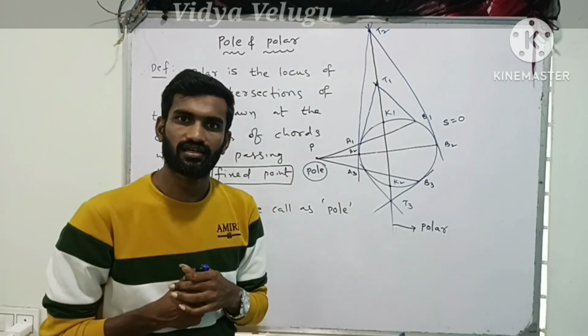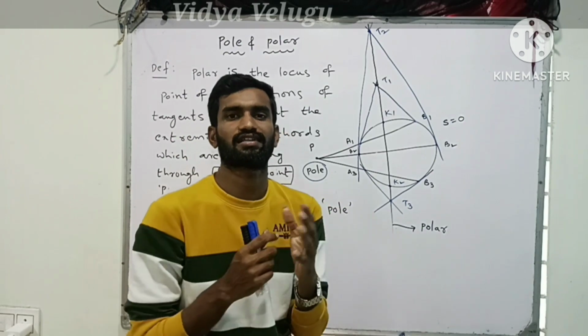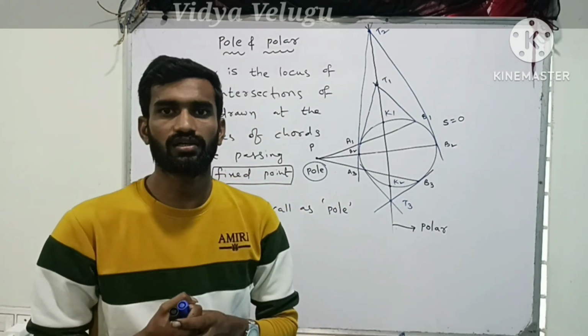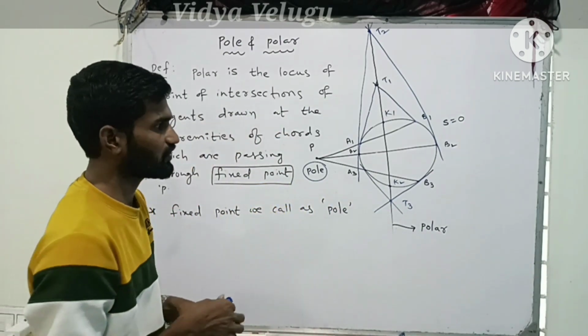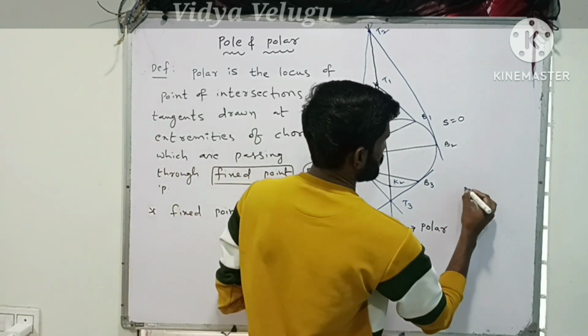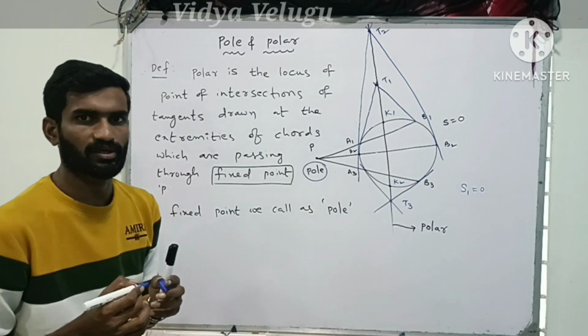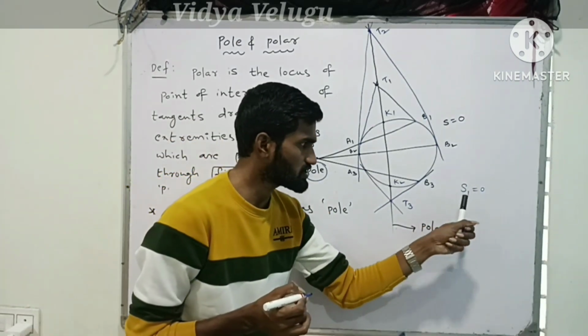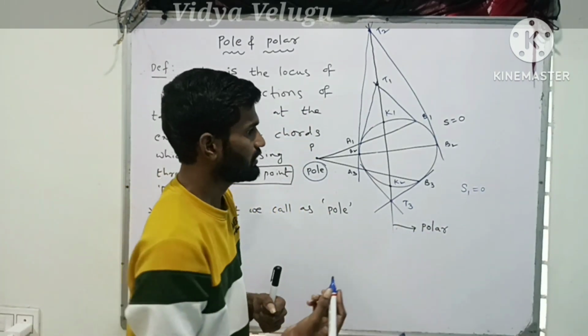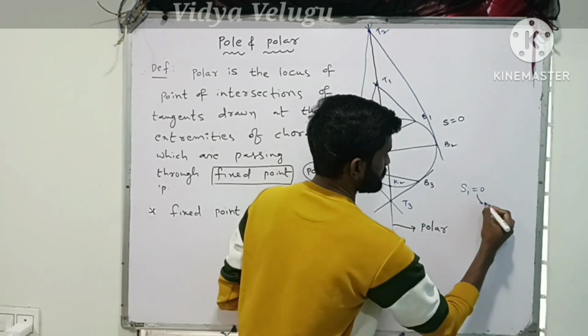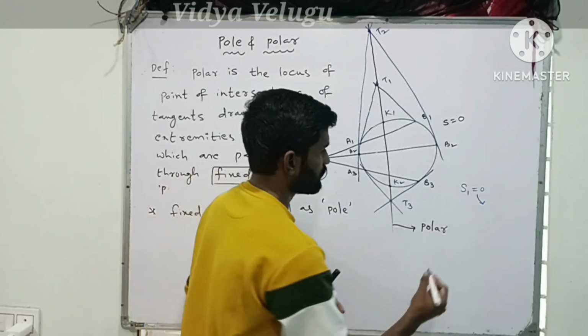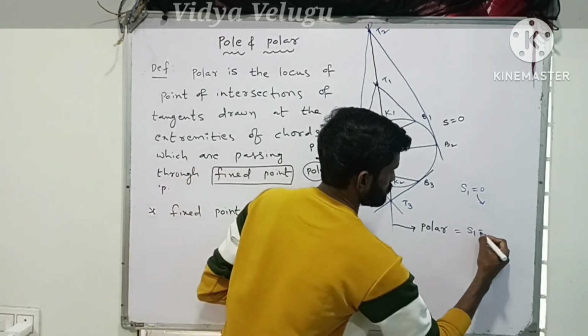Which means what can we say? The equation of polar is nothing but the equation of chord only. We already know what the equation of chord is. The equation of chord is S1 equals 0. Previously we completed that. Now, if the equation of chord is S1 equals 0, definitely the equation of polar is also S1 equals 0.